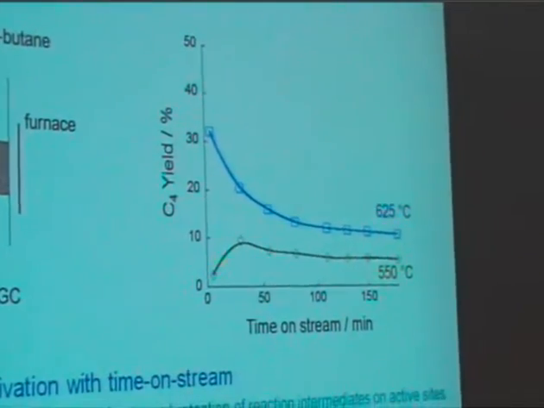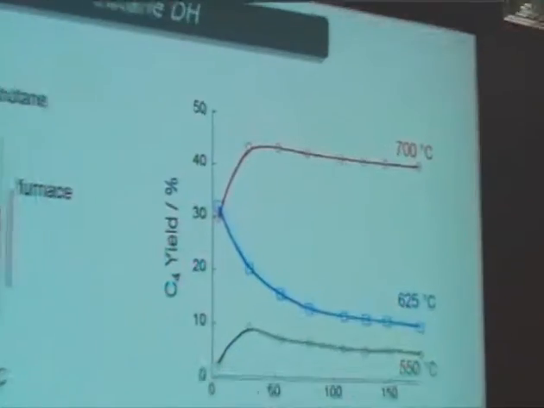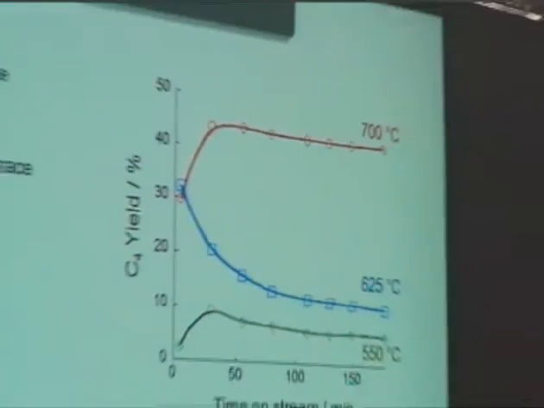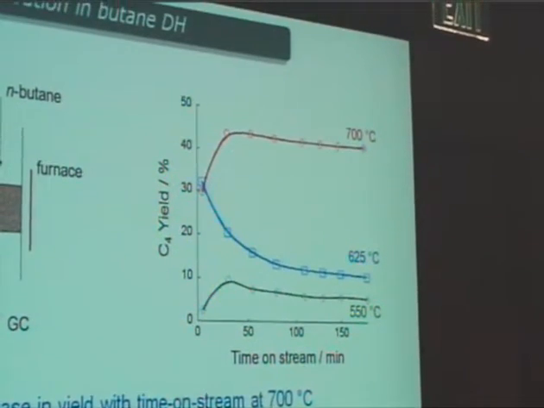deactivation profile. However, if we go to a higher reaction temperature of 700 degrees Celsius, and this is a notably higher temperature than even the industrial processes run at, what we see is something really quite different.